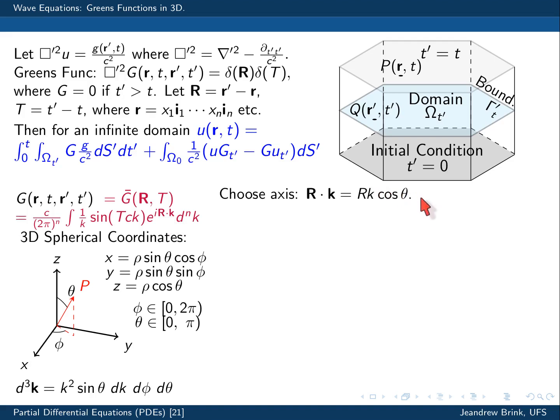Okay, so that simplifies the calculation, where r is actually just our norm between r prime and r.